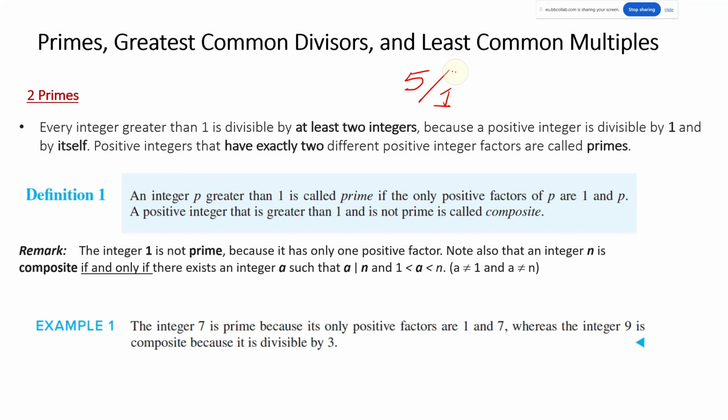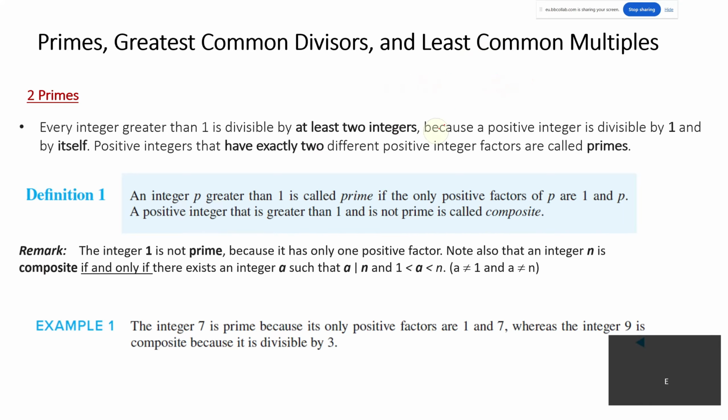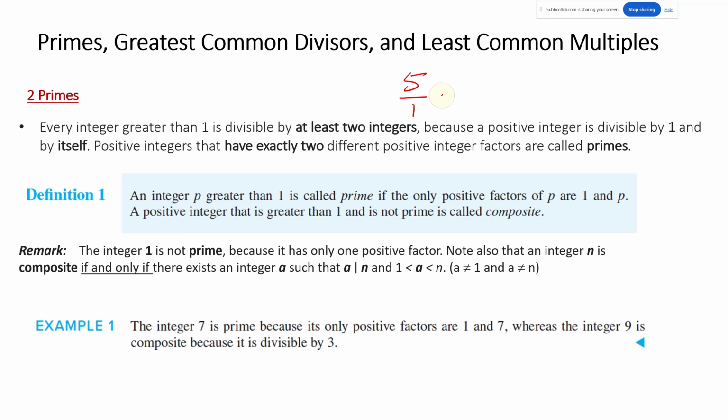When I say divided, it means the remainder is going to be 0. If you divide 5 by 1, well, it's possible. You're going to have 5, and then the remainder is going to be 0. That's what I'm talking about.